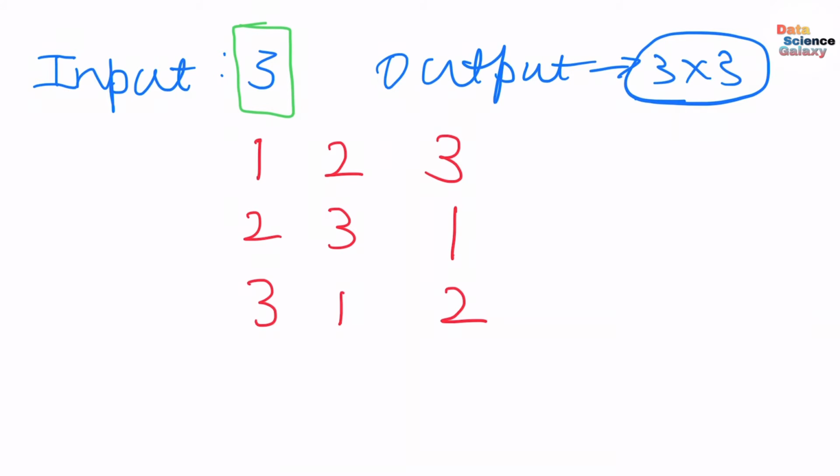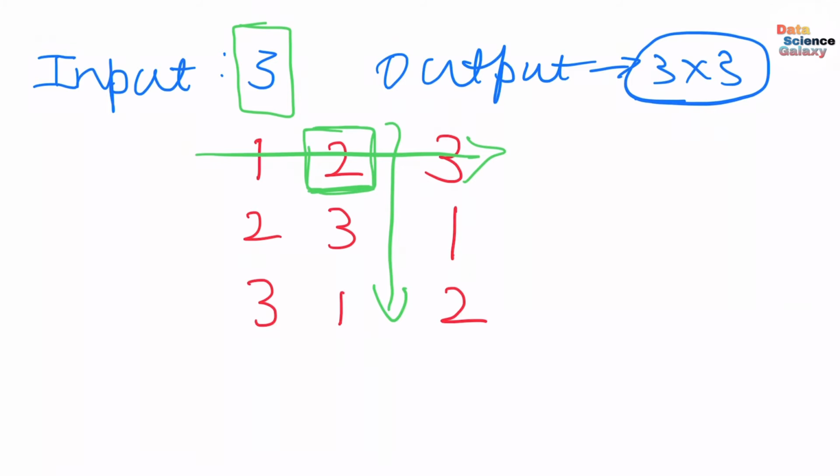This can be in any order, but there is a condition. What is the condition? If I take a random element, 2, or it may be even 1, say this 2 in the first row, then if I compare it in that respective column and in that respective row, you find that the selected element is unique.